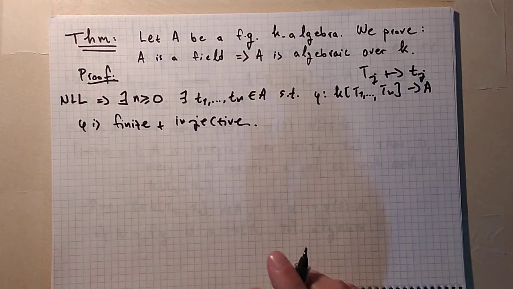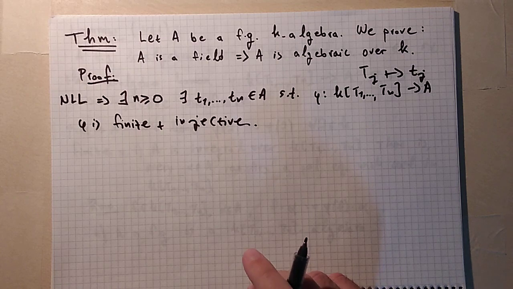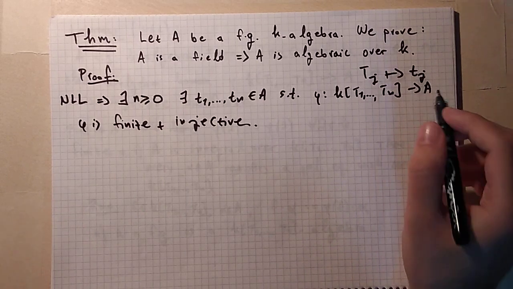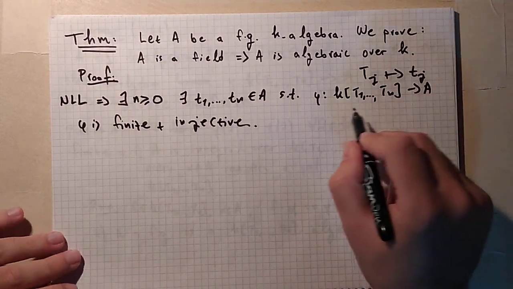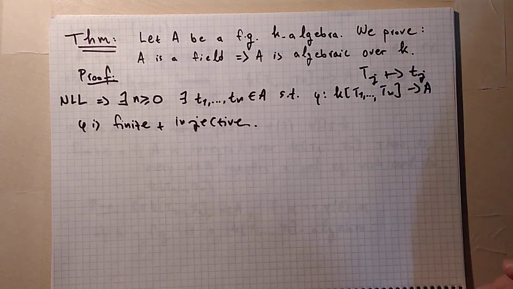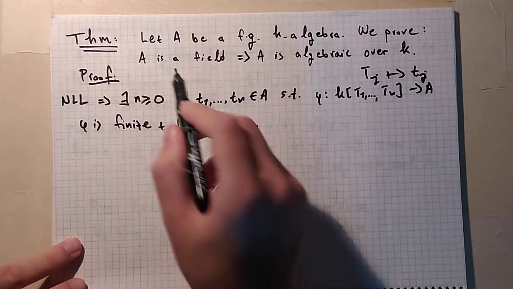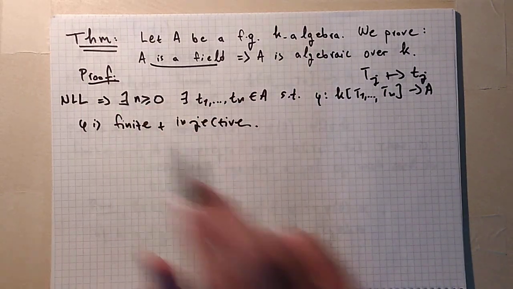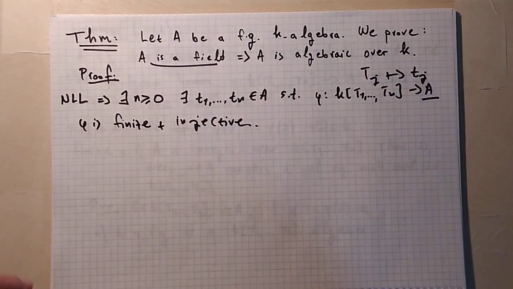Now we do the following. If we look back at our previous lemma, which I'm not going to show again, it had to do with a ring homomorphism between two integral domains, right? In our assumption, A is a field, which of course implies that A is an integral domain.